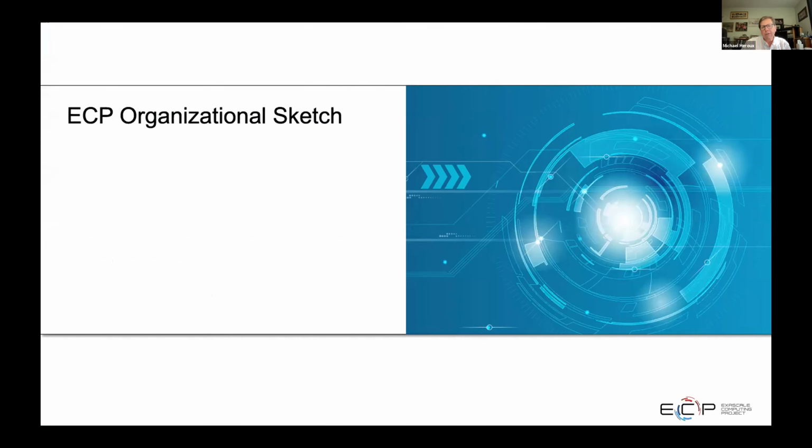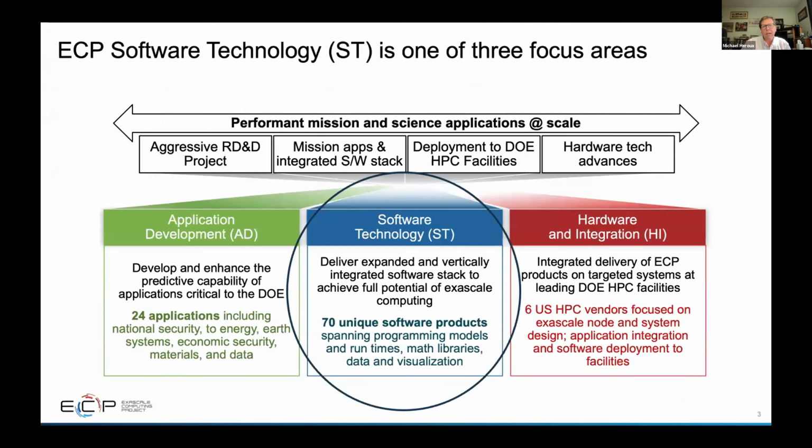I want to give a little bit of an organizational sketch so you can have a bit of a mental model of how ECP is organized and where the software technologies and the E4S activities fit. So ECP has three what are called focus areas. Application development, hardware and integration are two areas.